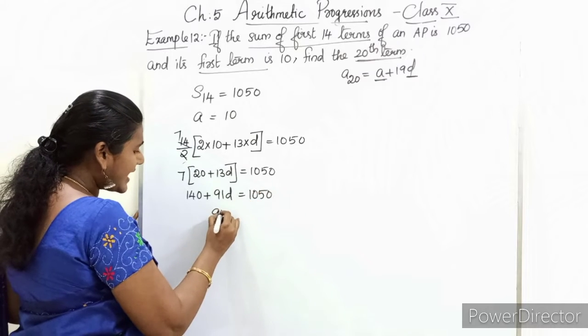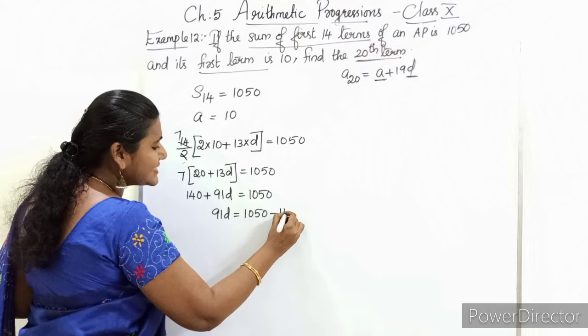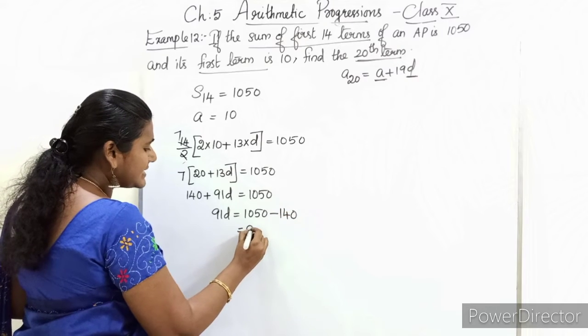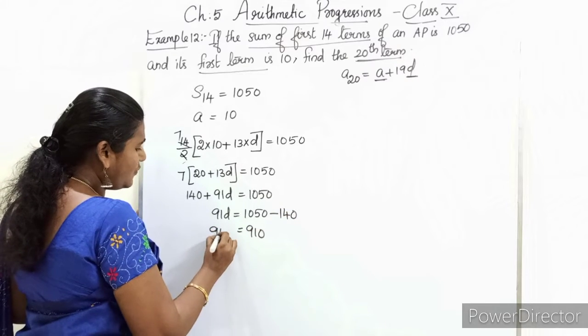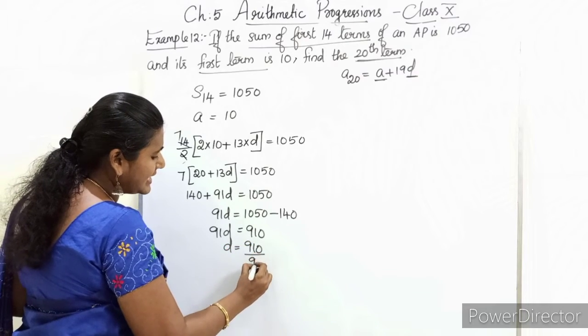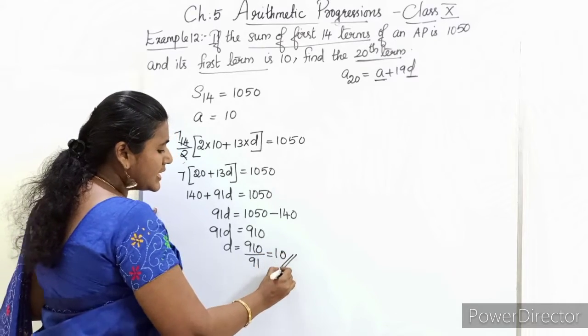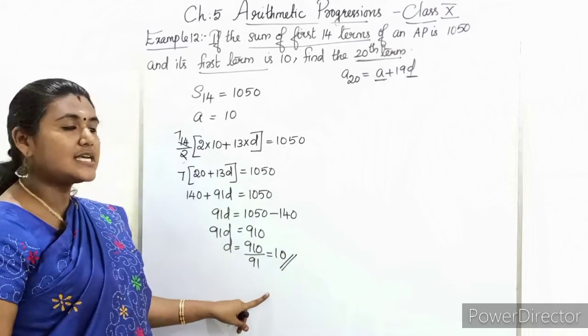So from this, 91d is equal to 1050 minus 140, and the answer is 910. So 91d is equal to 910. So d is equal to 910 divided by 91, so the value is 10. So we got d is equal to 10.